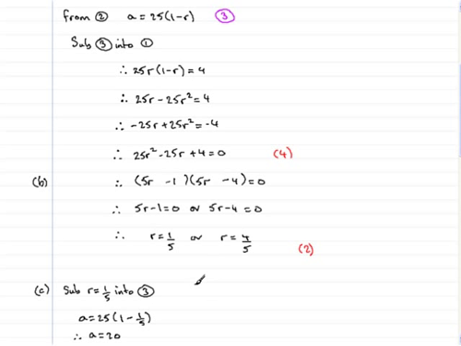Let's do the same again for R equaling 4/5. So we would sub R equals 4/5 into 3. If we do that, we get A equals 25 times 1 minus 4/5. 1 minus 4/5 now is 1/5, and 1/5 of 25 is 5.